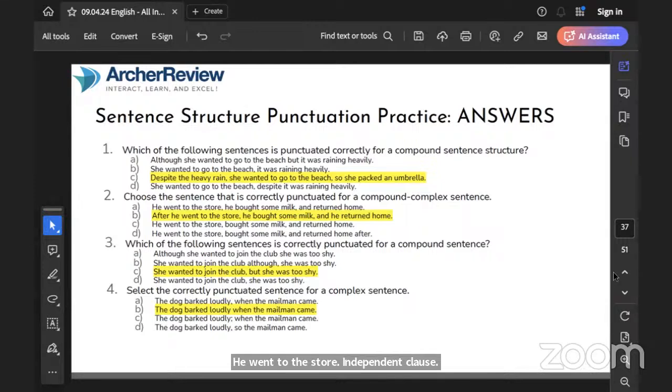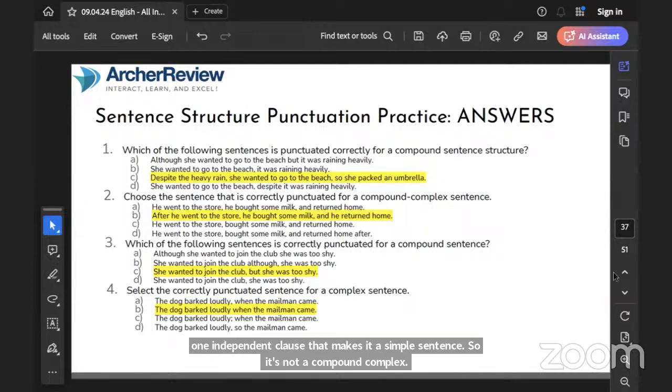That's actually part of the same independent clause. And returned home. Because bought some milk, returned home, those aren't separate clauses. Those are actually phrases. So this sentence was actually listing 3 phrases: went to the store, bought some milk, returned home. So this is actually, C is an independent clause. So just 1 independent clause, that makes it a simple sentence. So it's not a compound complex.